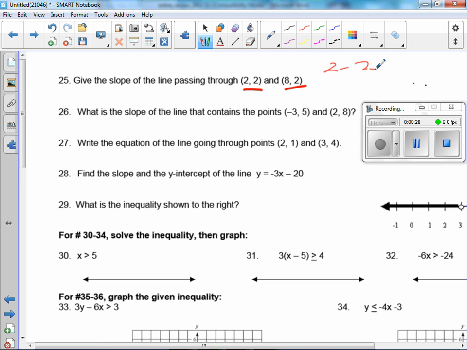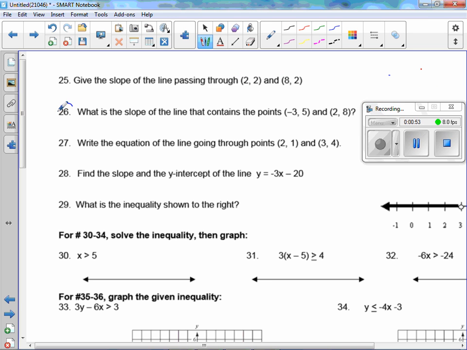You know it's going to give you 0. And subtract the x's, which is 8 minus 2, is going to give you 6. Okay, anytime the 0 is in the top, the slope is 0. So it graphs a horizontal line because the slope is 0.